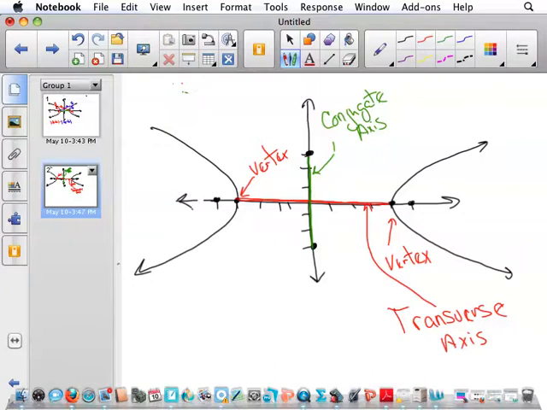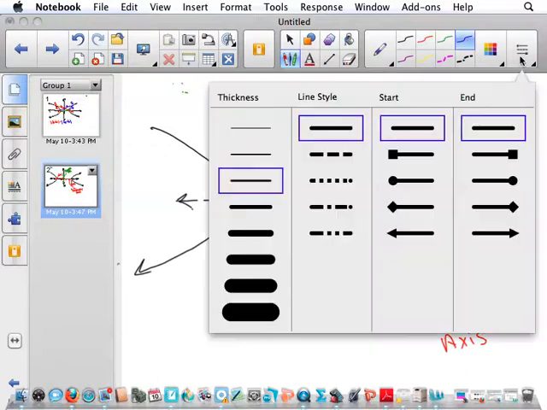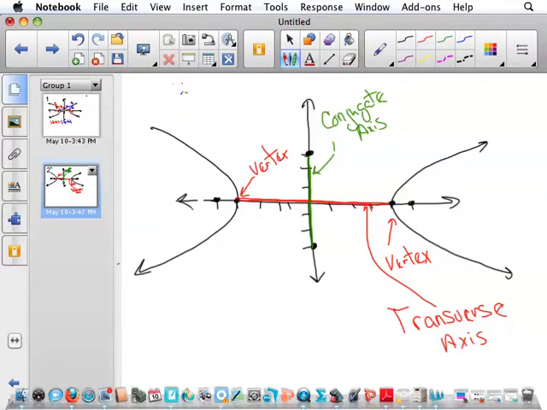Remember, the length of the transverse axis is also the length of the focal radii. If you remember from ellipses, from the center to a vertex is defined to be the value a. So that length is a. That is still true in a hyperbola.